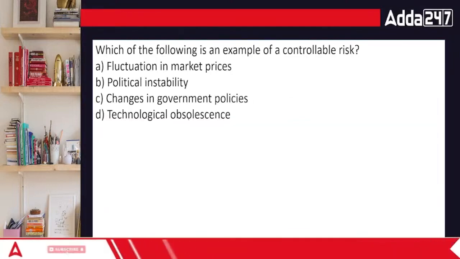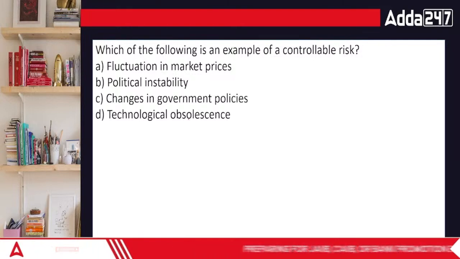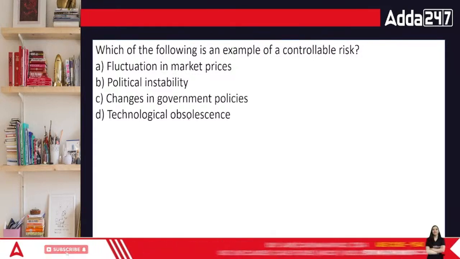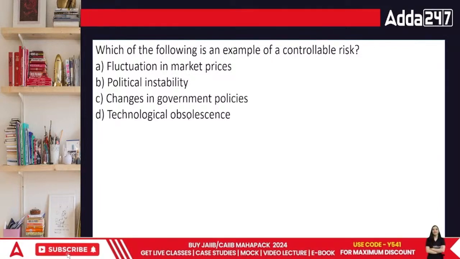Which of the following is an example of controllable risk? Controllable risk means the risk which you can actually hold in your hand. You can decide how much you want.